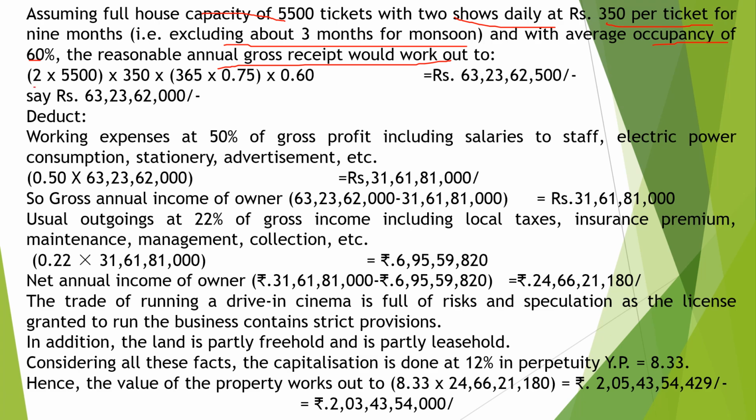Two shows with full house capacity 5,500, so it means 11,000 tickets. Rate per ticket is 350. It works for 9 months in a year, so 365 into 0.75 years, and 60% is average occupancy. So total income per year is 63 crore 23 lakh 62,500.